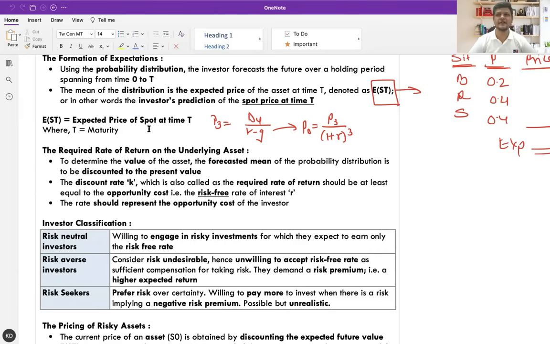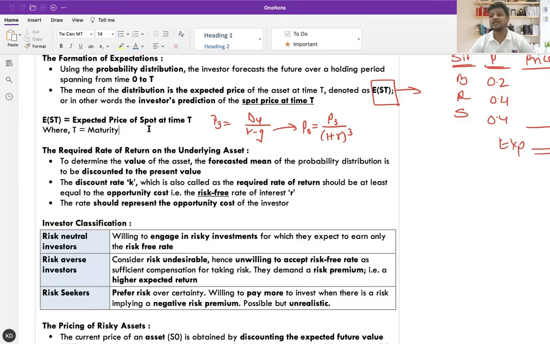How do you derive cost of equity? Any idea? I'm just digging deep. Very simple question. Cost of equity, not the weighted average cost of capital.